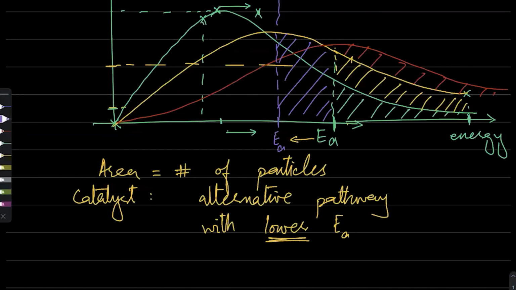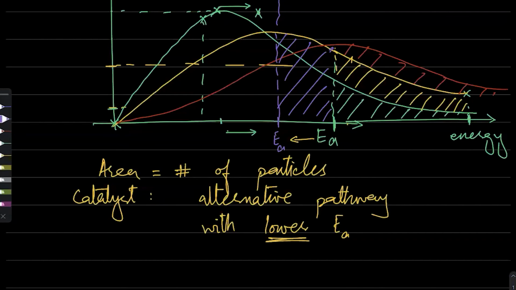So this catalyst, all it's doing is, if you're talking about green, then compared to the green ones it has added these purple particles in there. If you talk about red, or yellow, no matter which distribution you talk about, a catalyst will provide the opportunity to more particles to go over the edge, because it lowered their basic requirement. Sorry.